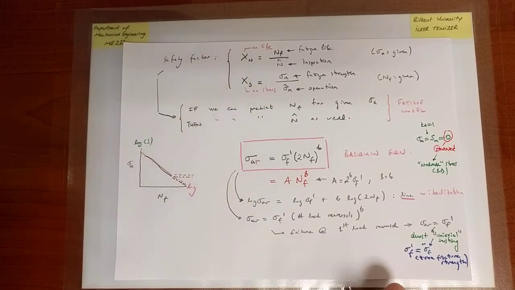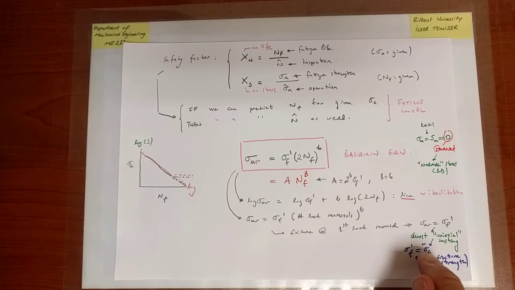So now we just keep that also in mind, because eventually when you look at the tables, suppose the value of sigma_f prime was not provided, but you know the true fracture strength, then again you could do a quick back of the envelope calculation to make use of the Basquin equation.